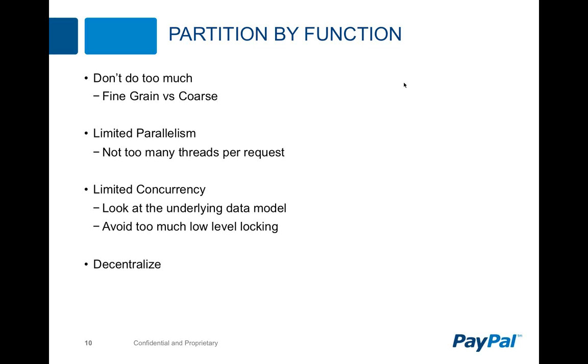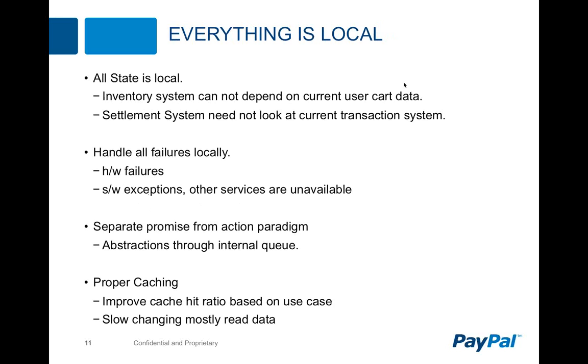So the next thing is everything is local. So all state that you know is local. A given system can talk to multiple subsystems, or is talking to multiple systems upstream, downstream, or in a parallel fashion. But all your state data is local. So if I'm building an inventory system, I should not be depending on the cart system being available all the time. If it's available, good and great.